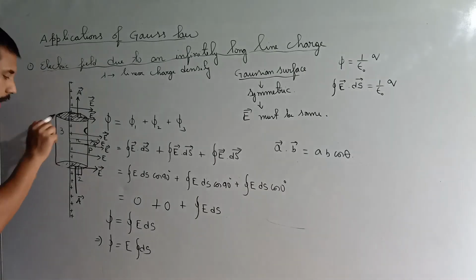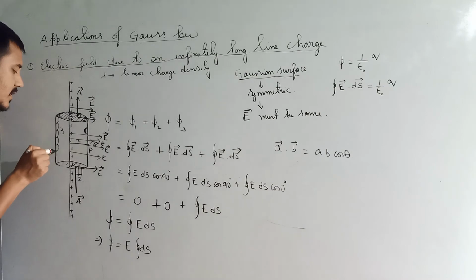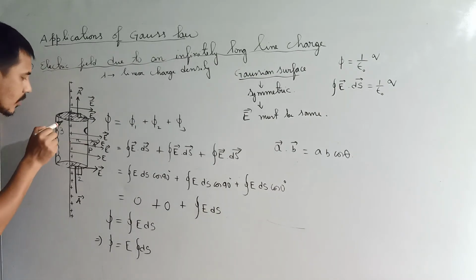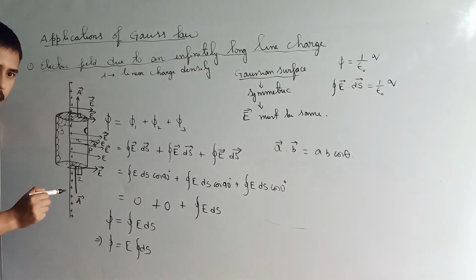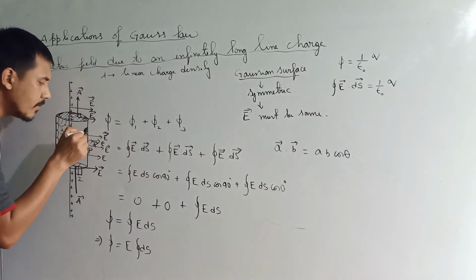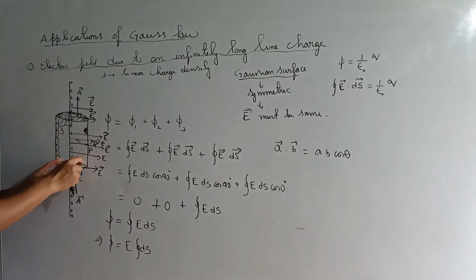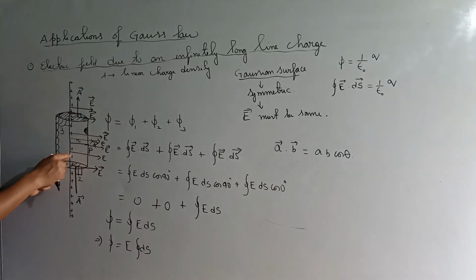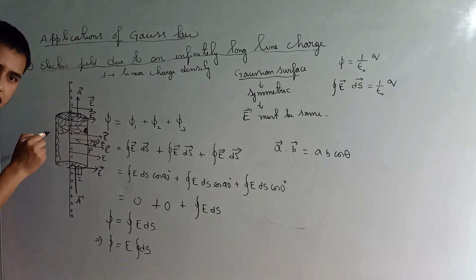Now you can say that the entire curved surface area is made up of small elements ds. And you add all those ds, then what will you get? The total. The entire curved surface of this cylinder can be assumed to be made up of a large number of small area elements ds, right?